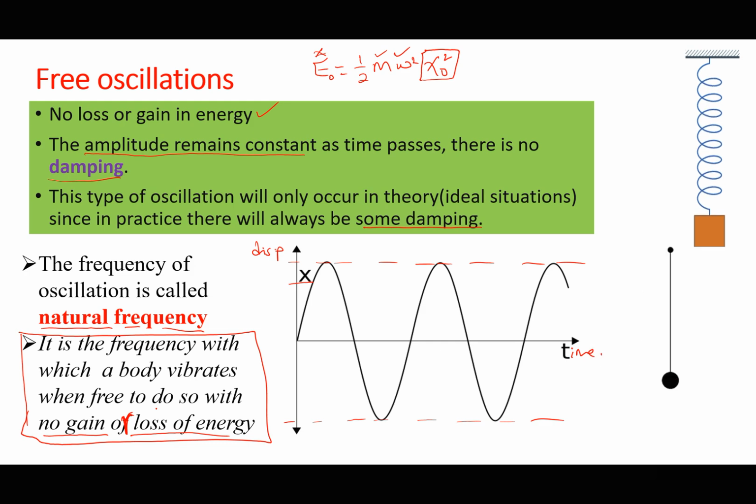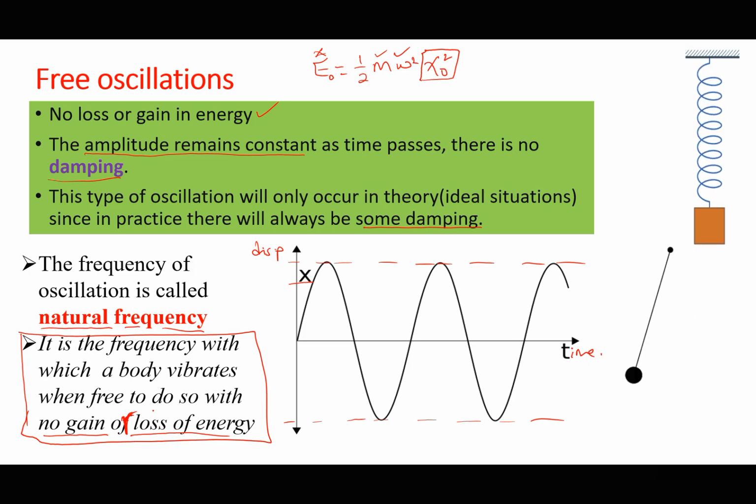The frequency with which a body oscillates or vibrates when free to do so with no gain or loss of energy. That's what we call the natural frequency of vibration or the natural frequency of oscillation. So free oscillations have a frequency which we call the natural frequency of vibration, and these occur with no loss or gain in energy.